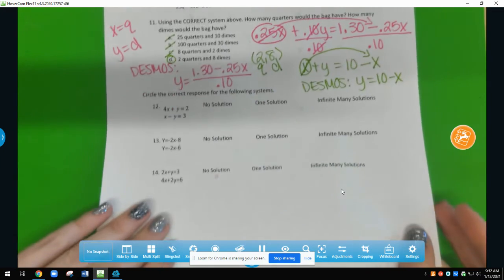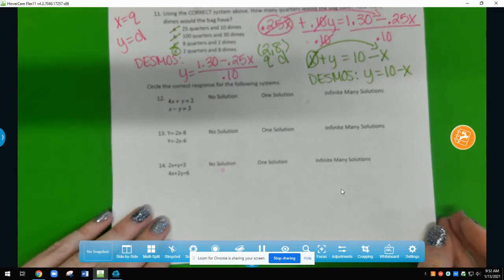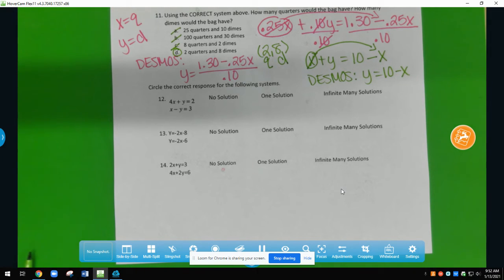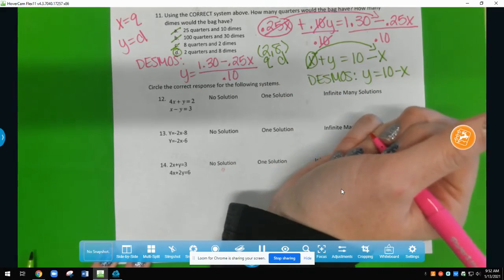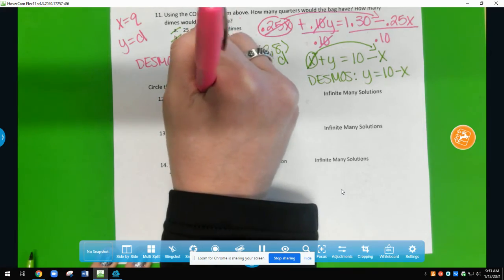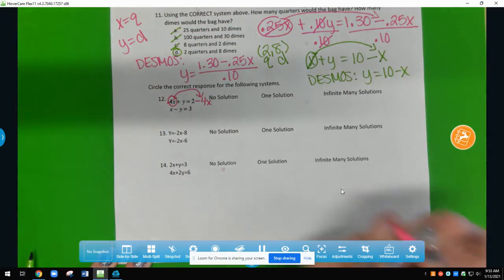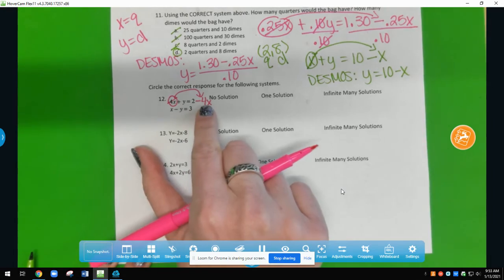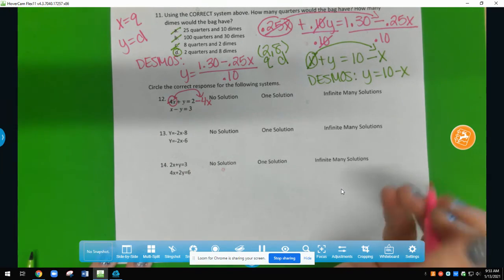Okay, here, circle the correct response for the following systems. So we need to graph these systems. Okay, so for the first one, I'm going to move the X. And now Y is by itself because I have Y equals 2 minus 4X.